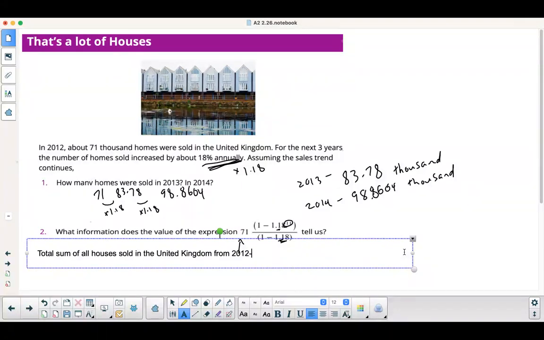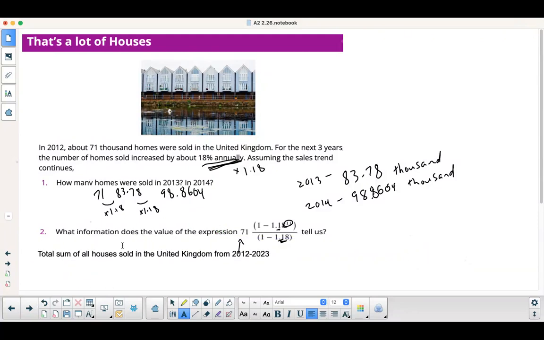So if we're going for 11 years, that would go until 2023. Okay, so 11 years. So it's going to give us the total sum, not just the 11th term, but the 11th term plus the 10th term plus the 9th term, all the way down to the very first term. It's going to add them all together.